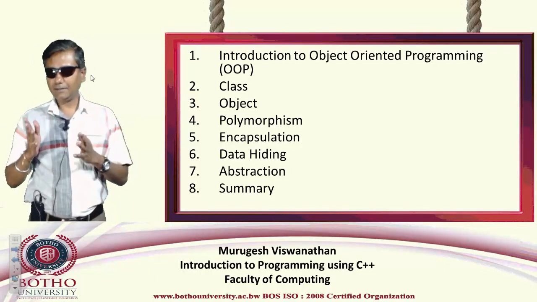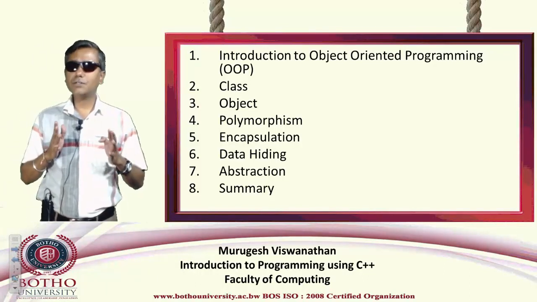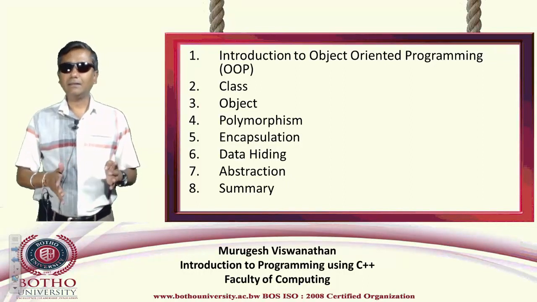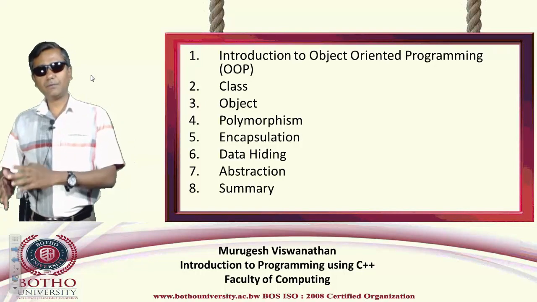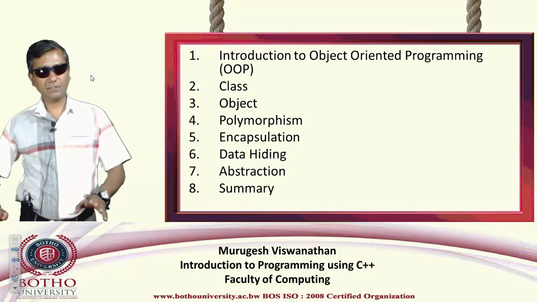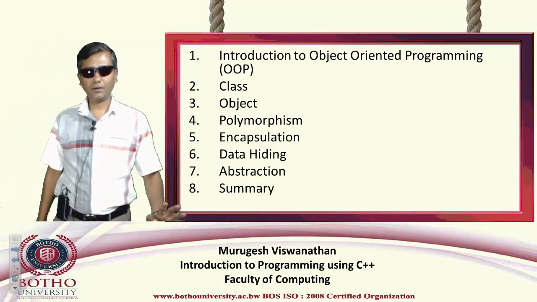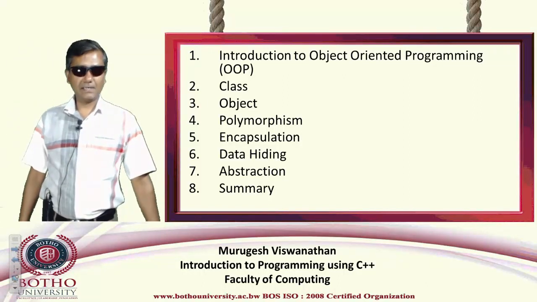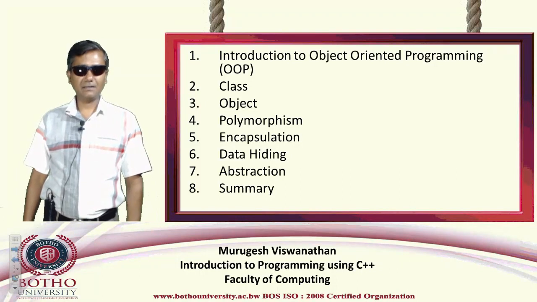So if you want to model real things in programming, then go to an object-oriented programming language like Java or C++, which will help you to do it. The basic constructs are listed here in this slide.